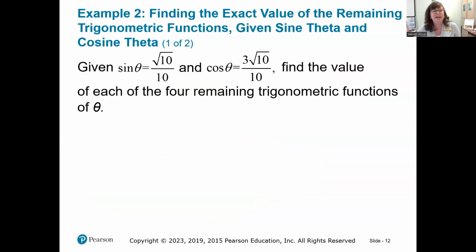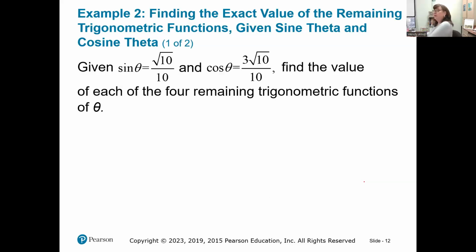All right. Now, let's say that the sine of theta is root 10 over 10, and the cosine of theta is 3 root 10 over 10. We want to find the values of the rest of them. Several ways we could think about it, but let me share back my other screen because it's just so much easier to write.